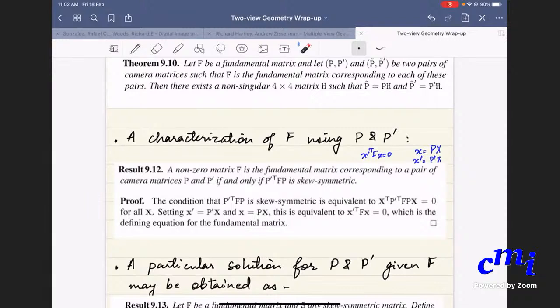Okay, so this characterization in terms of image point pairs can be converted to this characterization in terms of the camera matrices. So F is a fundamental matrix if and only if P prime transpose Fp is a skew symmetric matrix.